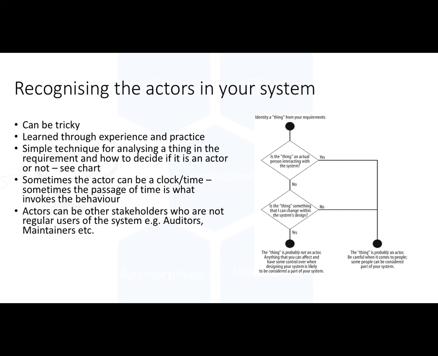Sometimes it's a primary actor, meaning that it initiates the activity. Sometimes it's secondary. You'll see an example here: there's a primary actor that initiates a particular use case, but in order to complete the use case, some other system or actor needs to participate. That's called a secondary actor.